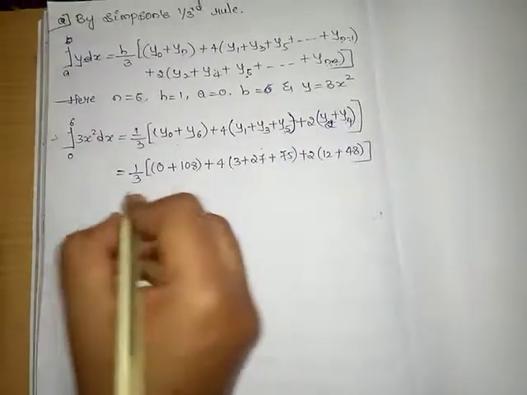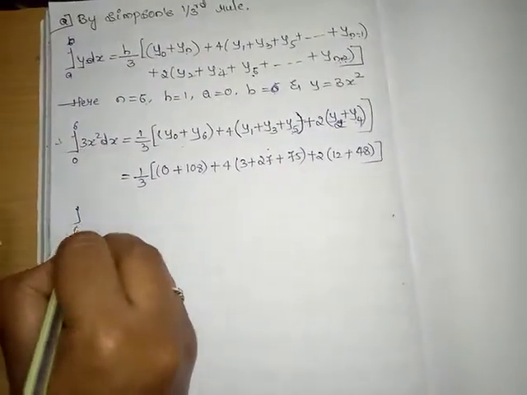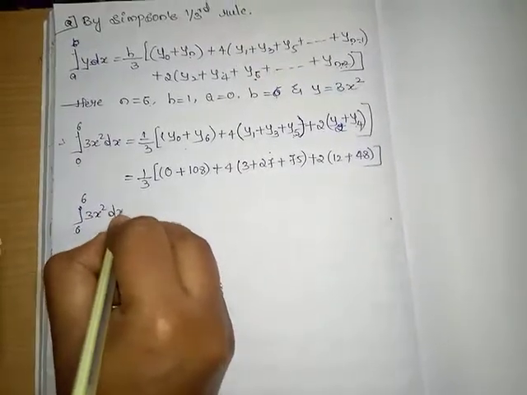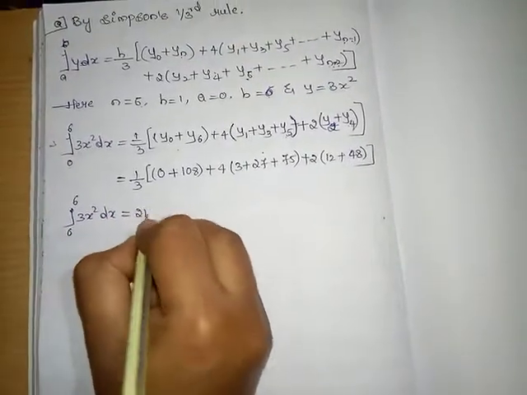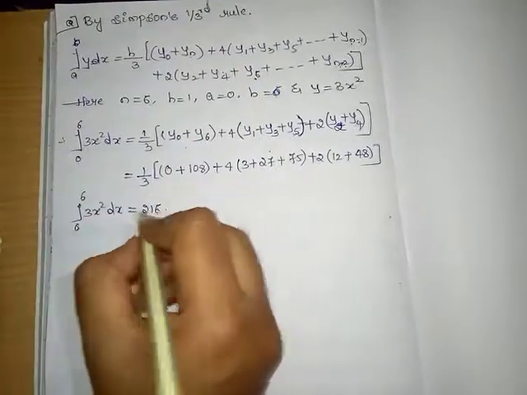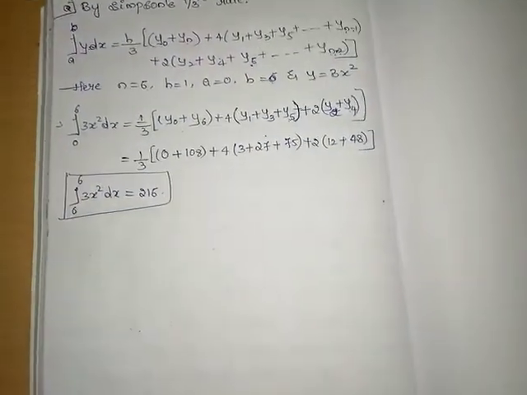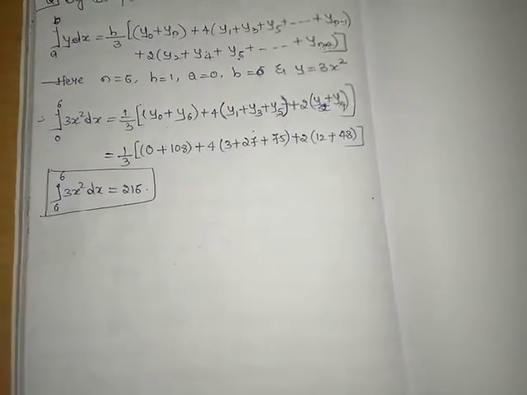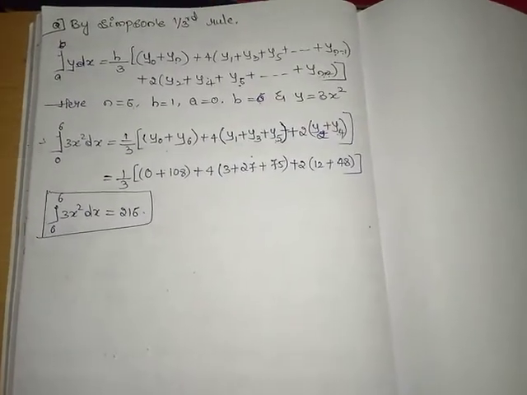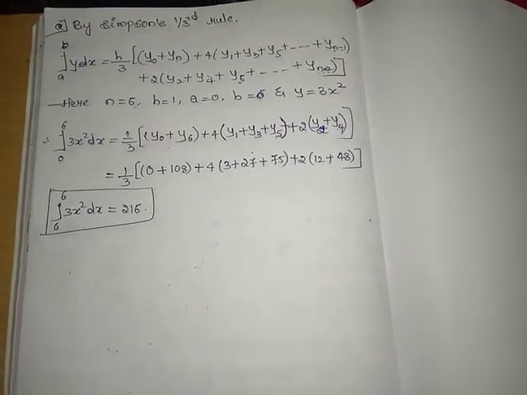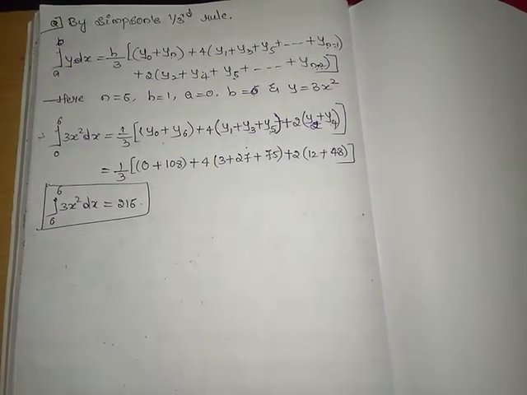Calculate all these values. We will get integration from 0 to 6 3x square dx is equal to 216. This is the value of this given integral, which we are finding numerically using Simpson's 1/3 rule. Next is Simpson's 3/8 rule.